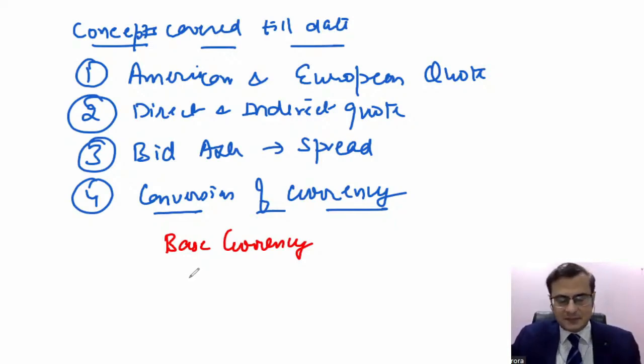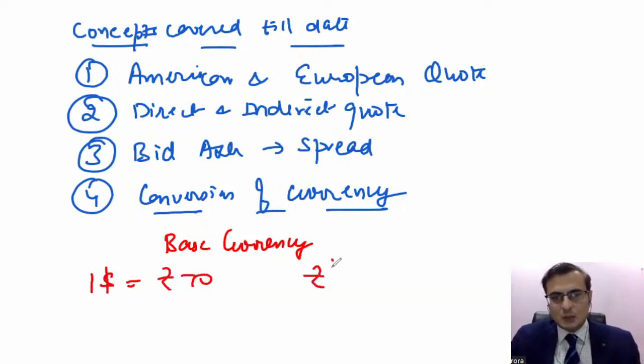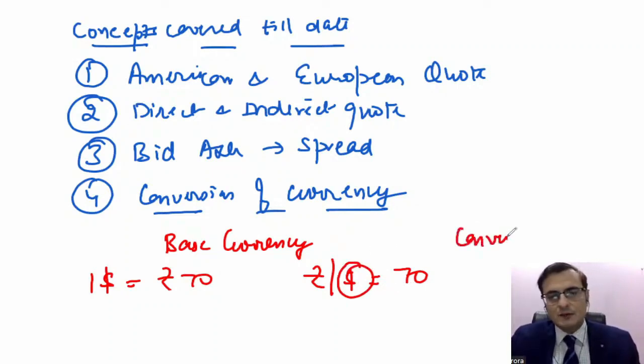If I say $1 is equal to rupees 70, it is interpreted as rupee per dollar equals 70. So the base currency is dollar in this case. If I have to convert, say, $5,000, this base becomes this base.